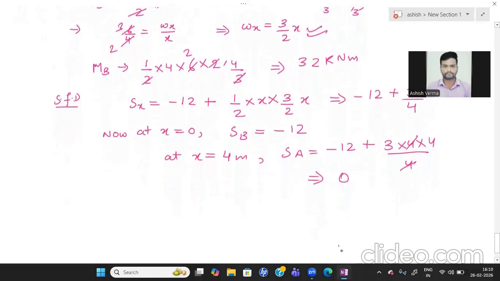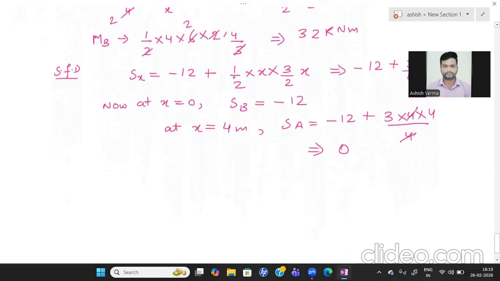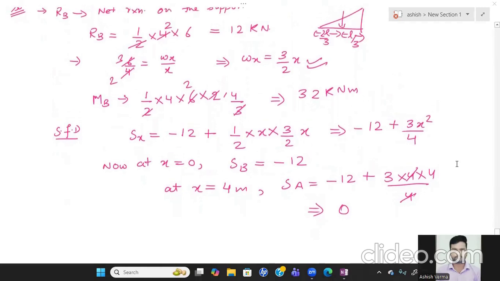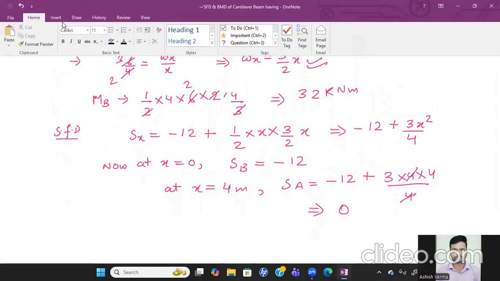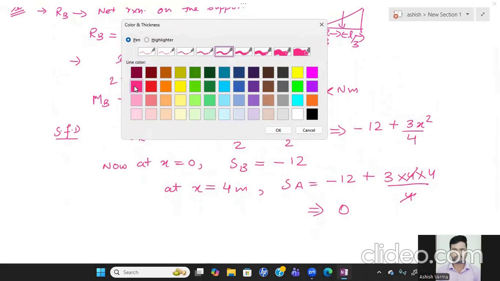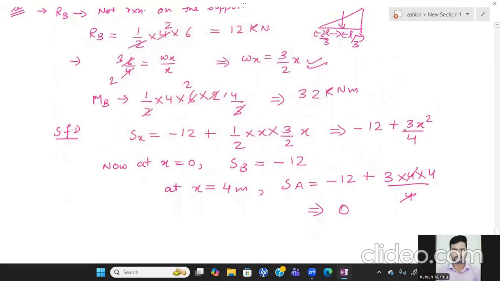There is no reaction. We can see that the equation is parabolic in nature, so we will keep in mind that when we draw the variation of the shear force diagram, we will take the curvature of a parabola.